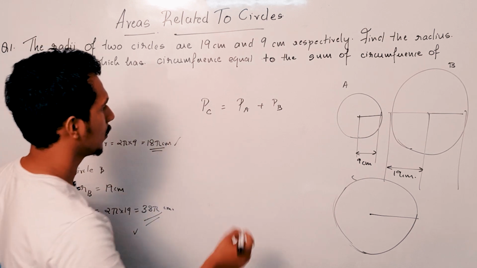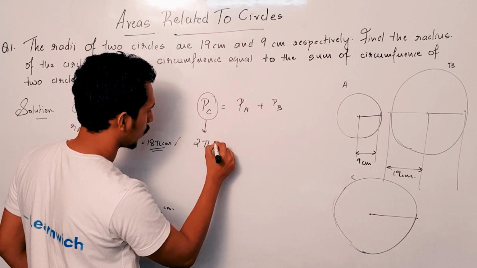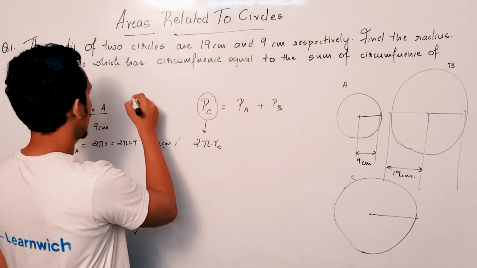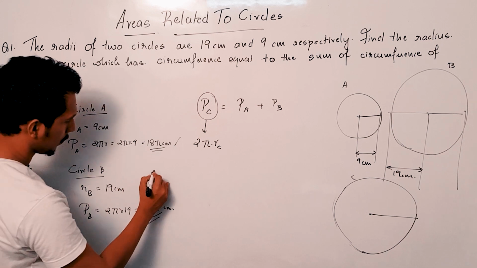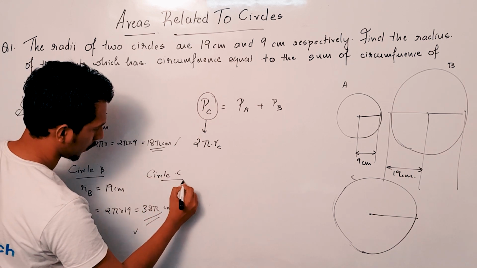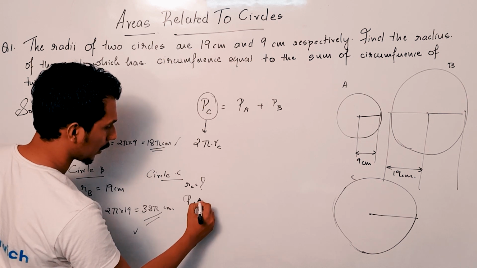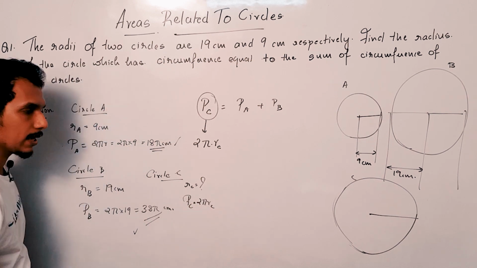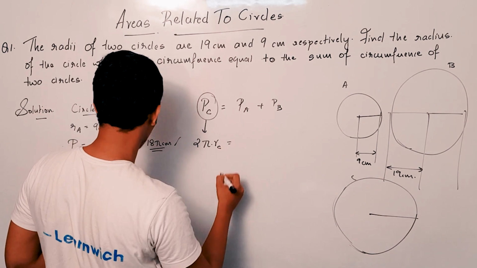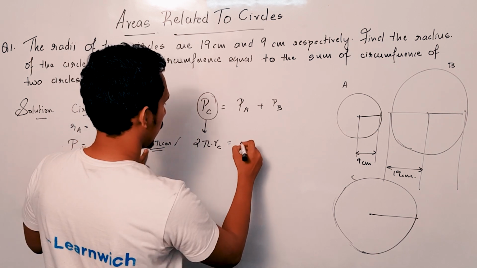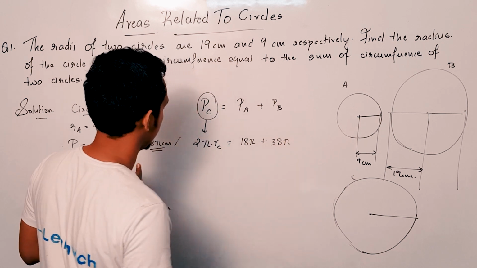Now this circumference will be 2 pi into RC, correct? For circle C, the perimeter is 2 pi into RC, which is equal to 18 pi plus 38 pi.